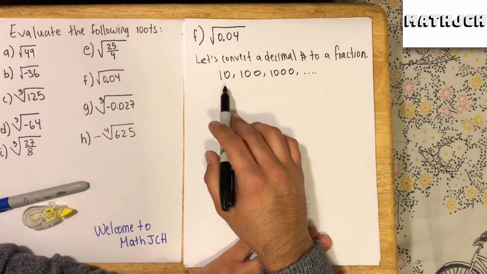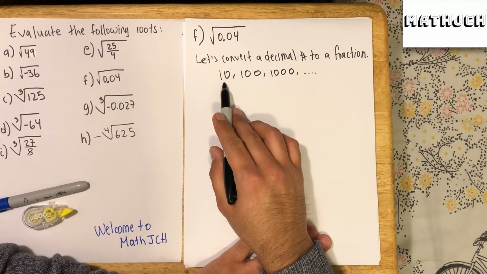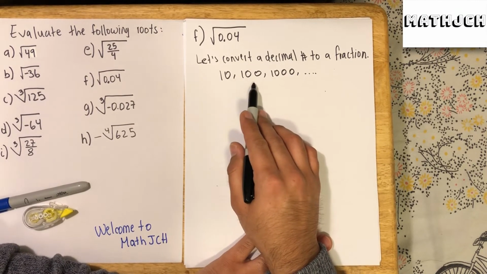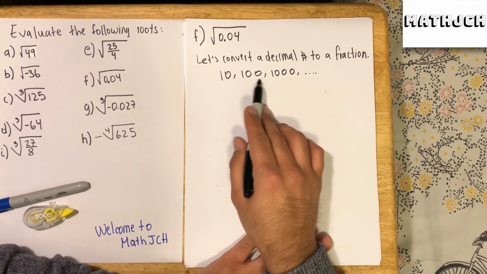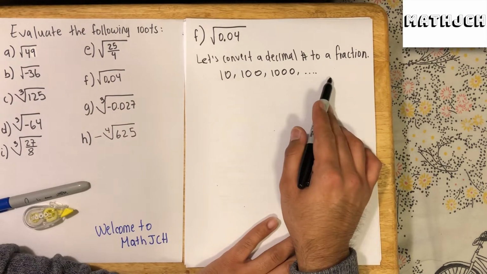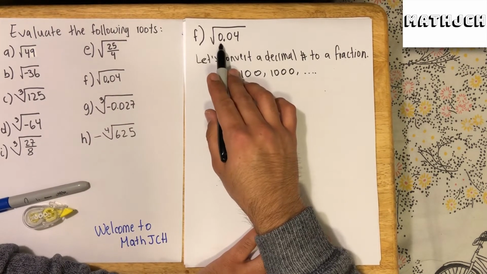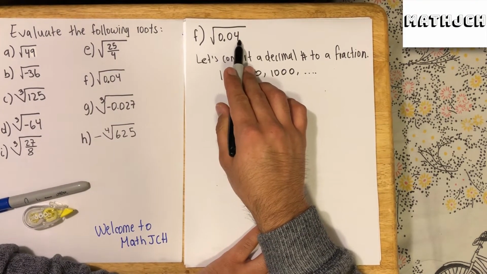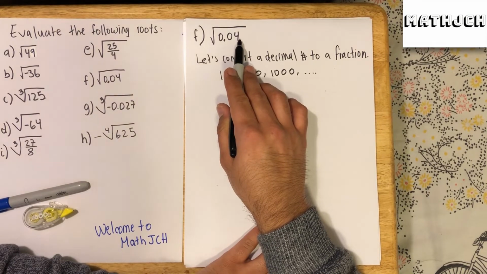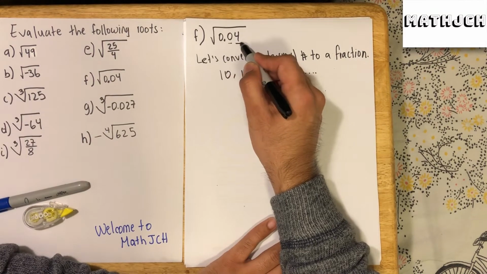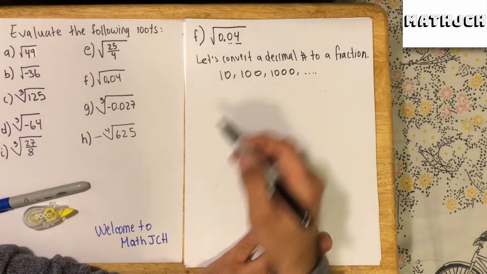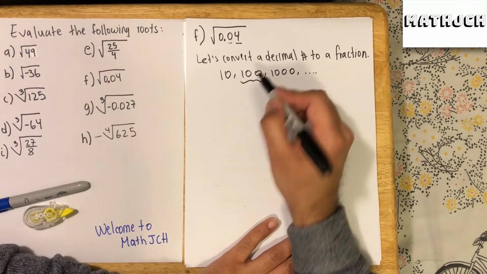Now, if the decimal number has one number after the decimal, we're going to use the 10. If it has two, we're going to use 100, and so on. Notice in our problem we have 0.04. How many numbers after the decimal point do we have? We have 1 and 2. That means that we're going to use 100.